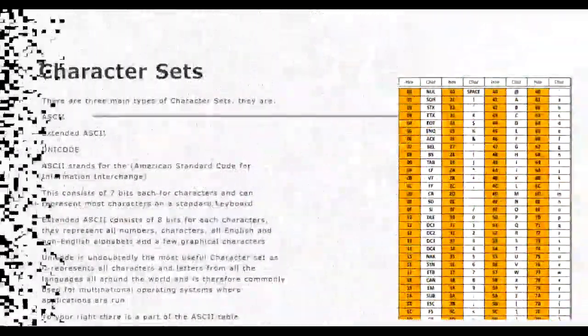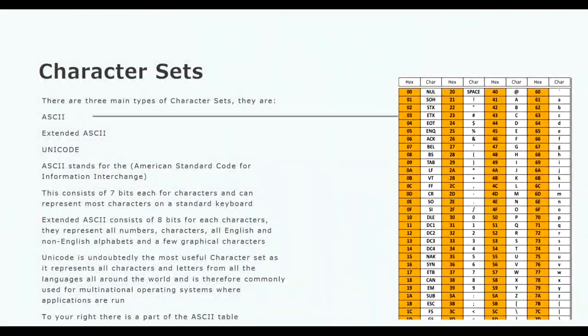Okay, so first up, character sets. There are three types of character sets, and they're called ASCII, extended ASCII, and Unicode. Don't worry about this for now. First, just read this. ASCII stands for American Standard Code for Information Interchange.